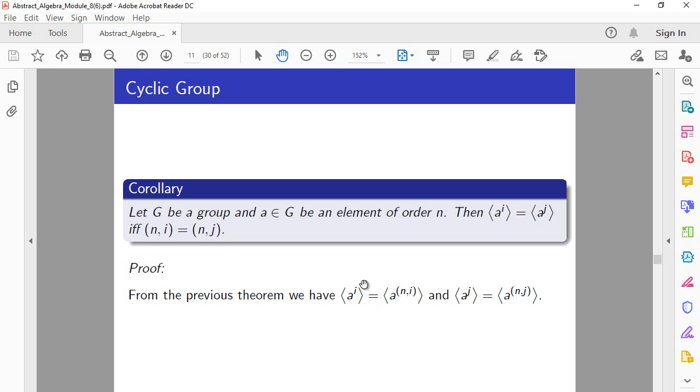So clearly the subgroup generated by a to the i is equal to the subgroup generated by a to the j if and only if the subgroup generated by a to the GCD of n and i is equal to the subgroup generated by a to the GCD of n and j. Well, then we know that these two are equal if and only if the GCD of n and i is equal to the GCD of n and j.